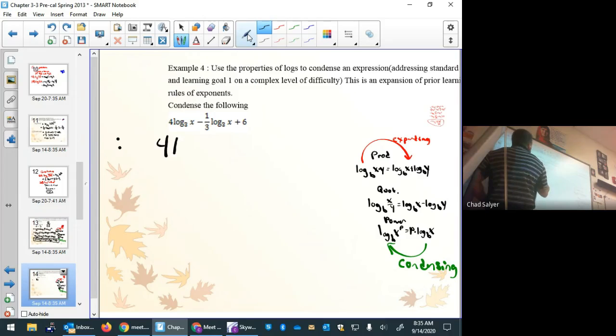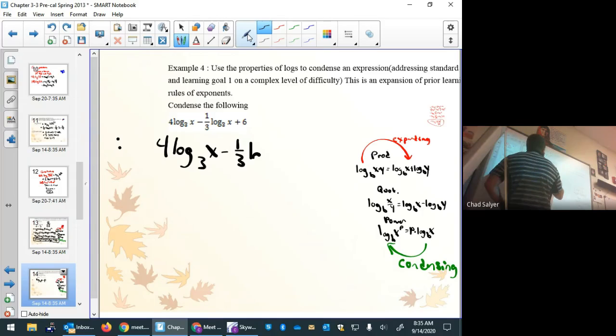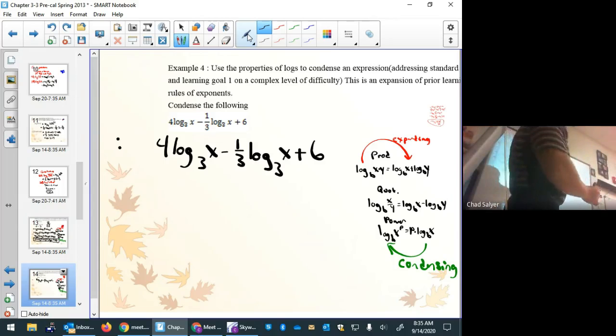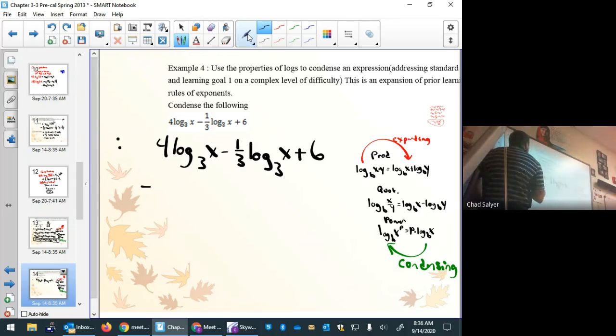So 4 times the log base 3 of x minus 1/3 times the log base 3 of x plus 6. That 6 looks pretty innocuous, doesn't it? Looks like a harmless little constant term out there. It's really a headache when it comes to doing what we're about to do, and you'll see why in a moment.